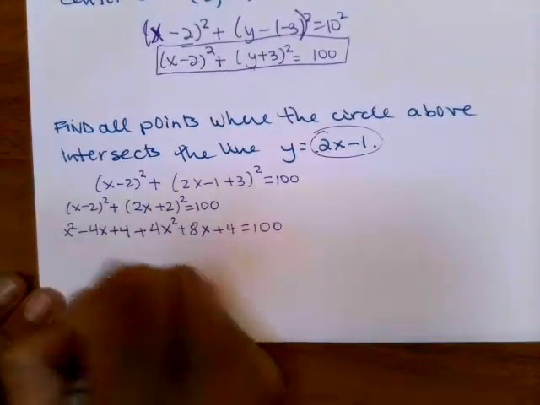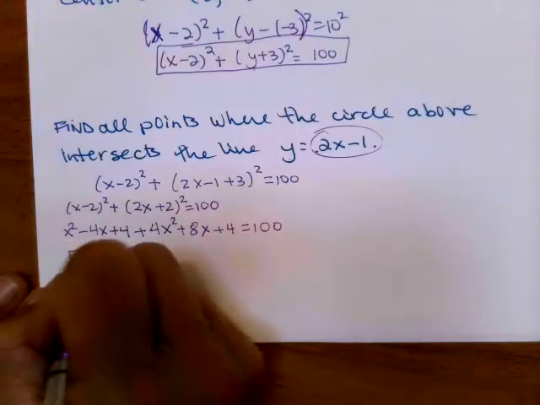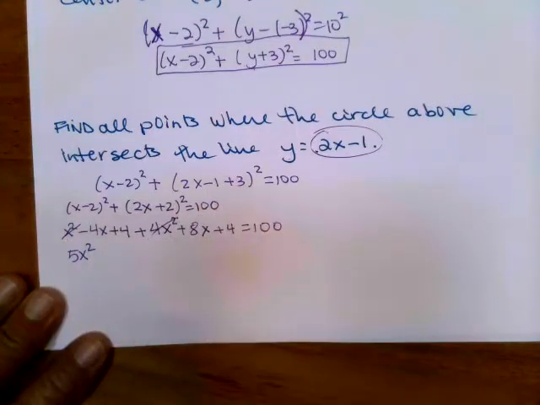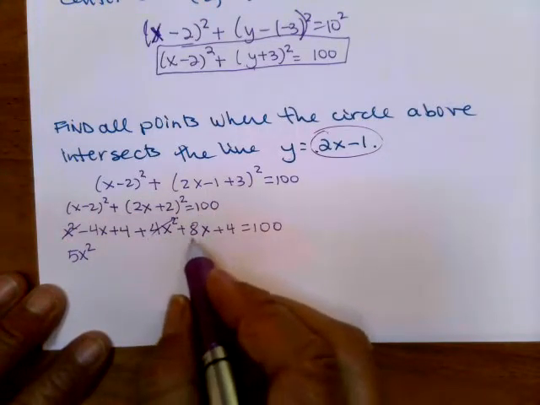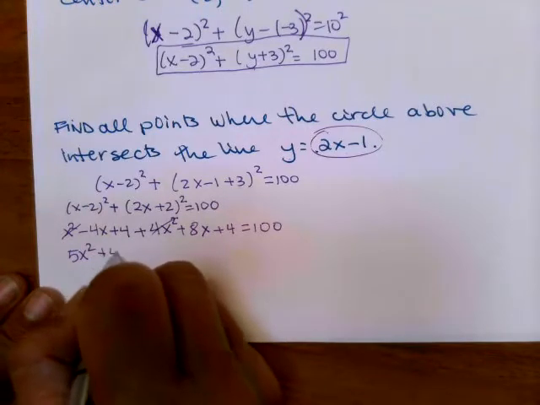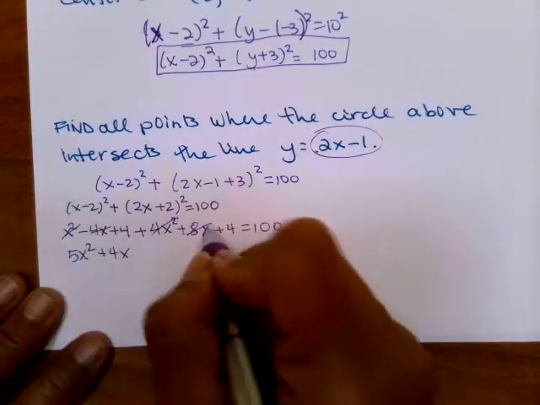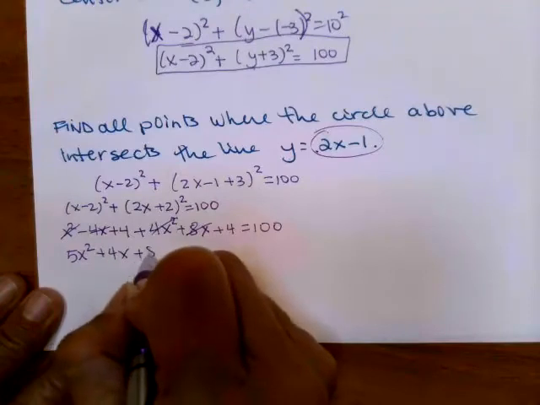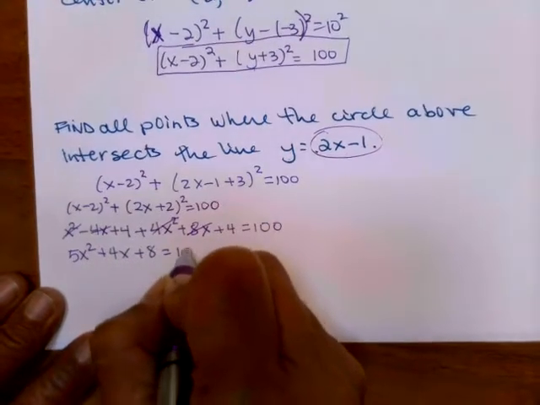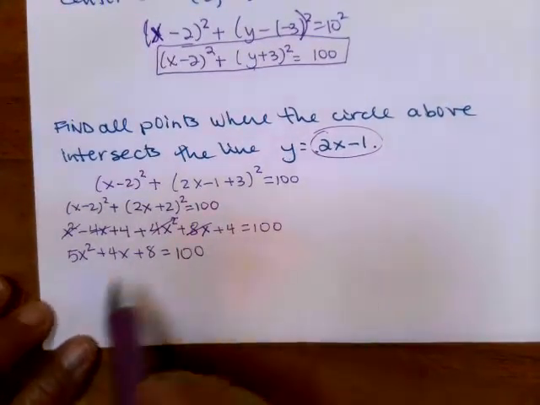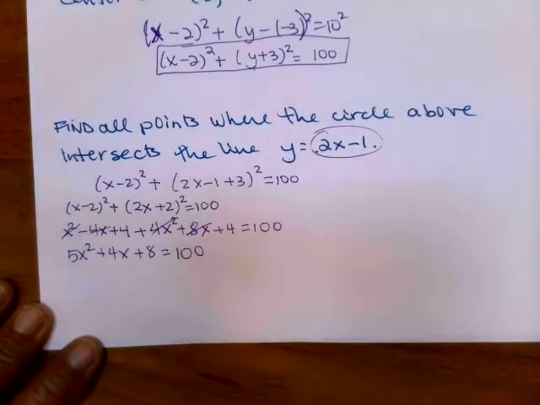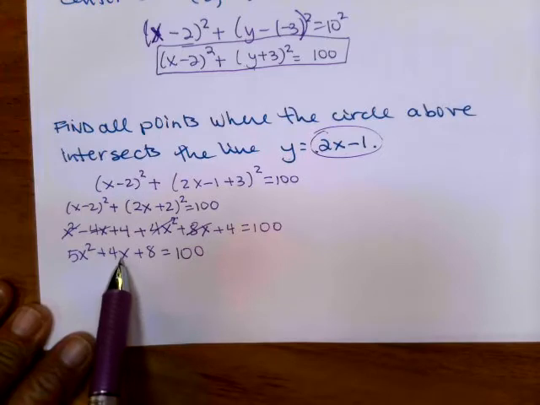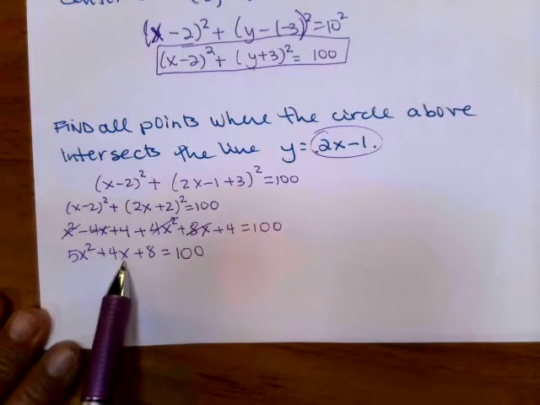Combine like terms: 5x², I'm going to cross off as I go so I don't lose anybody, plus 4x plus 8 equals 100. Then it's quadratic, and I can't do the square root property because I have this 4x here, this linear x term.